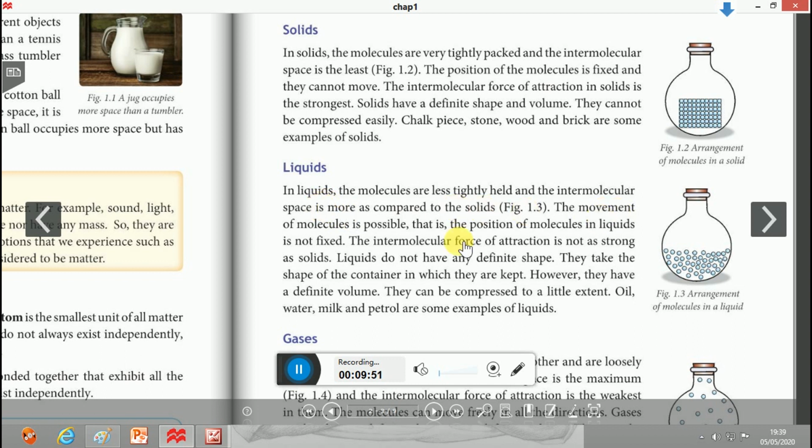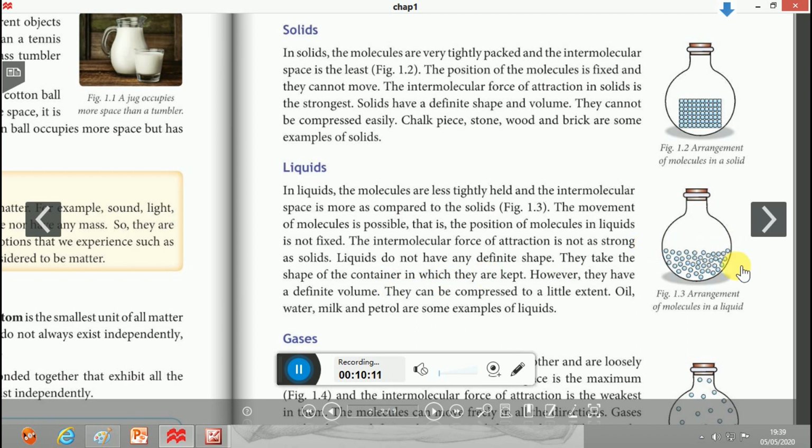The movement of the liquid molecules is possible. That means the molecules of the liquid are not fixed at their positions. The intermolecular force of attraction is not as strong as in the case of solid.